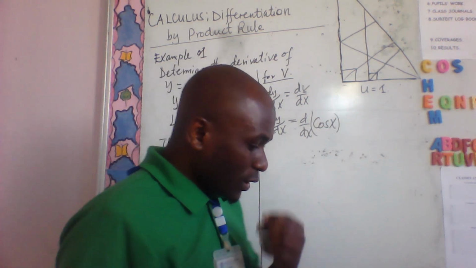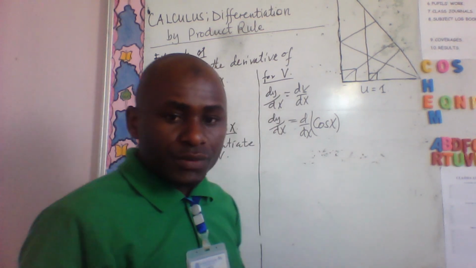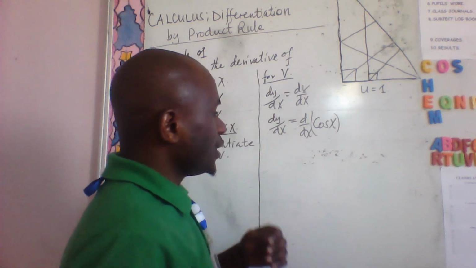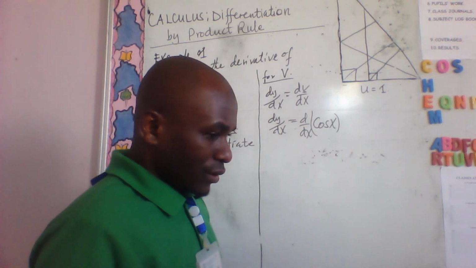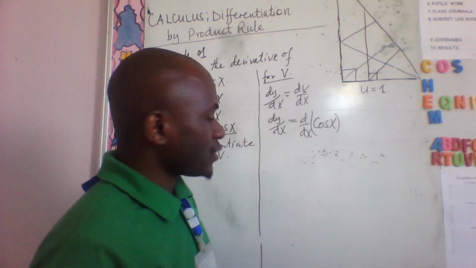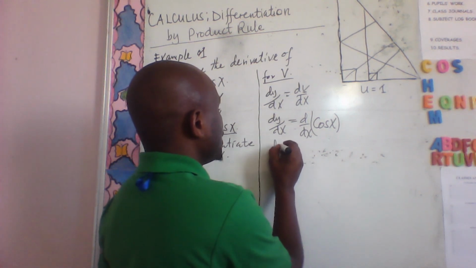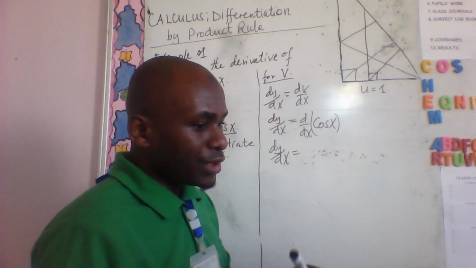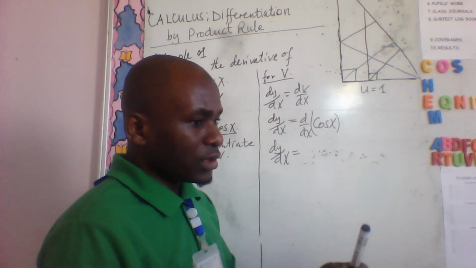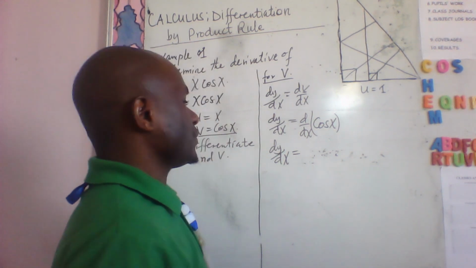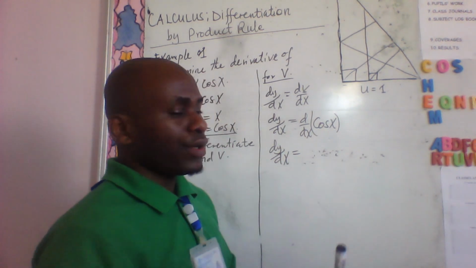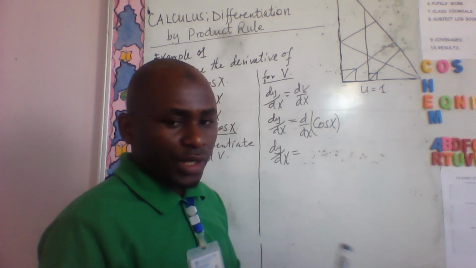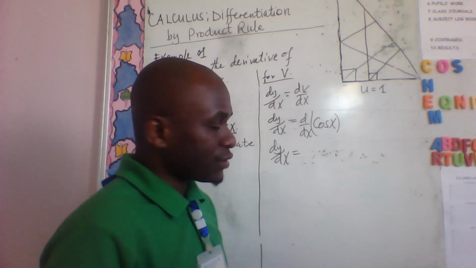After substituting the cos x here, we are now ready to deal with it in order to get the answer. So let's see, dy over dx is equal to, when you differentiate cos x, you end up with a negative sine x.